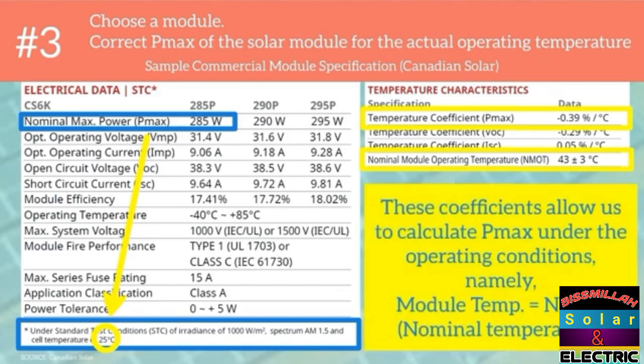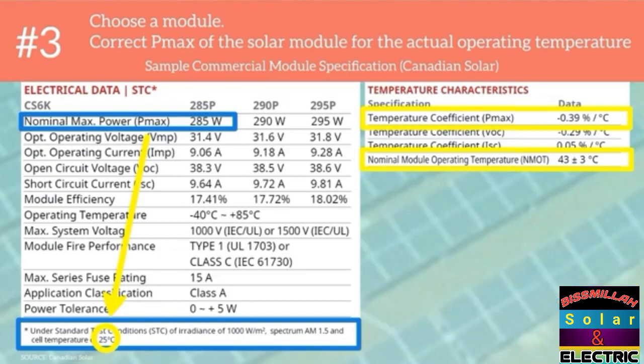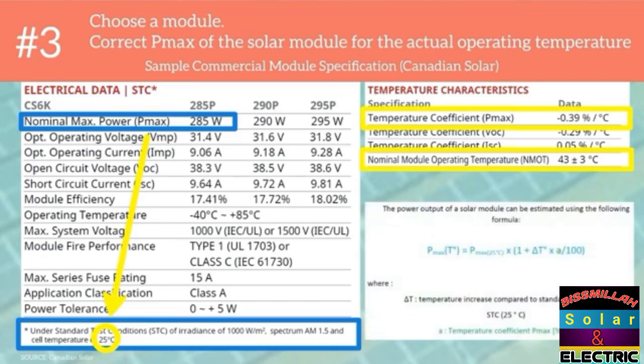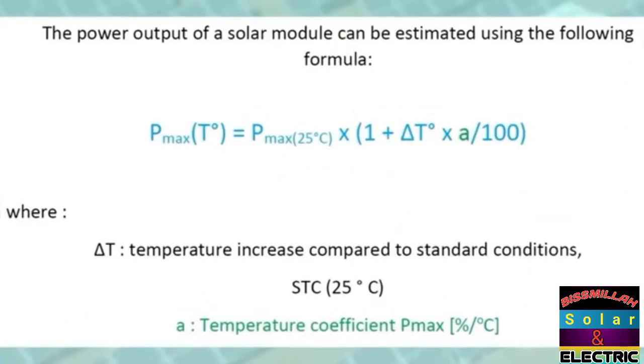These coefficients allow us to calculate Pmax under the operating conditions, that is, when the module temperature equals the NMOT, or the nominal temperature. The power output of a solar module can be estimated using the following equation, where delta T equals the temperature increase compared to the standard conditions of 25 degrees Celsius, and A equals the temperature coefficient Pmax with units percent per degree Celsius.